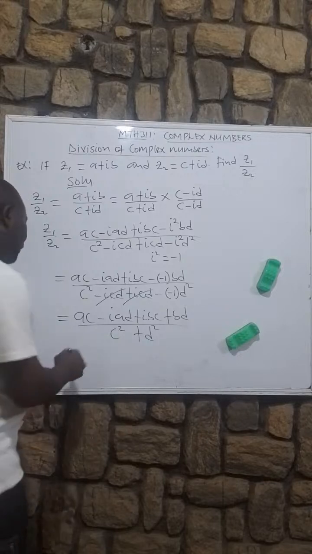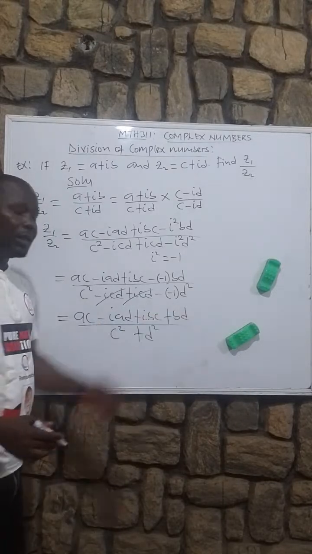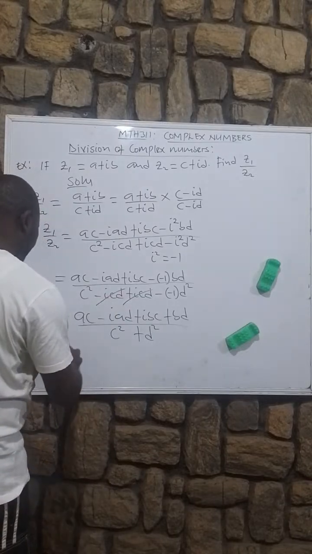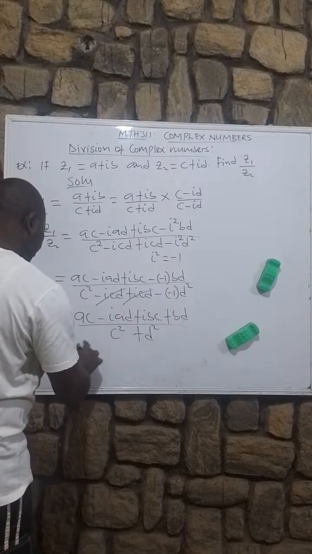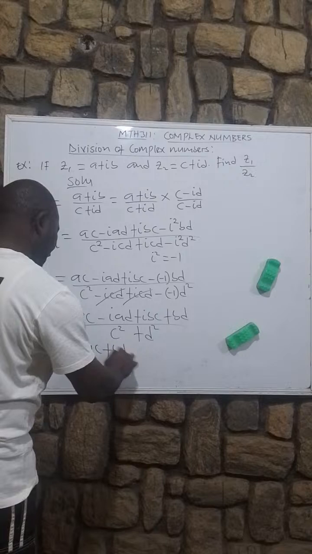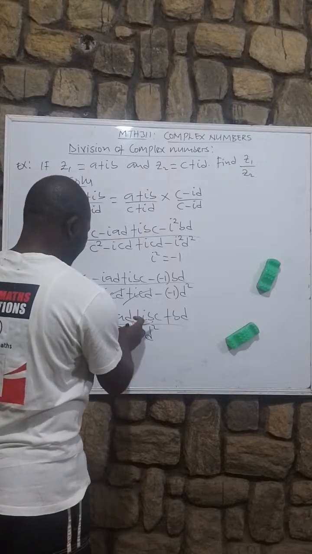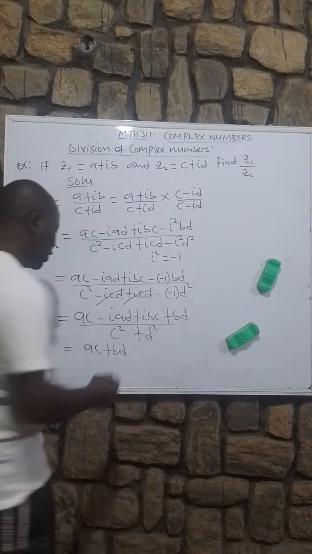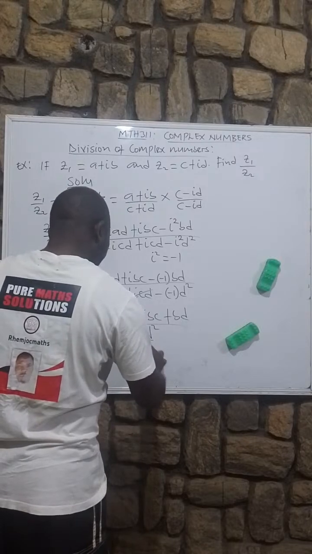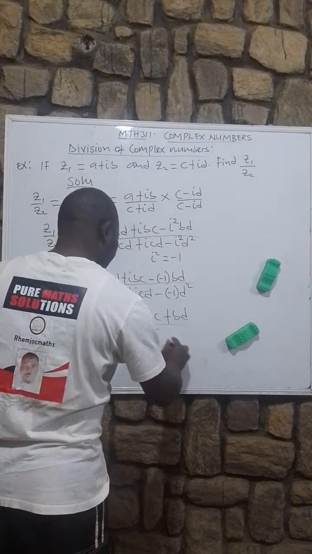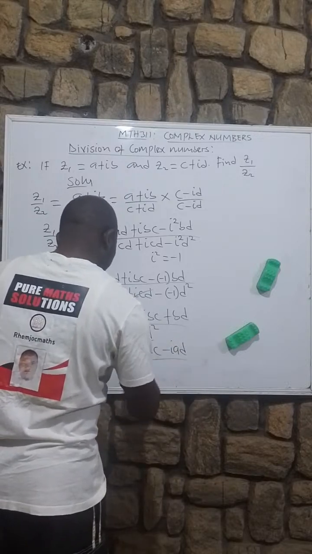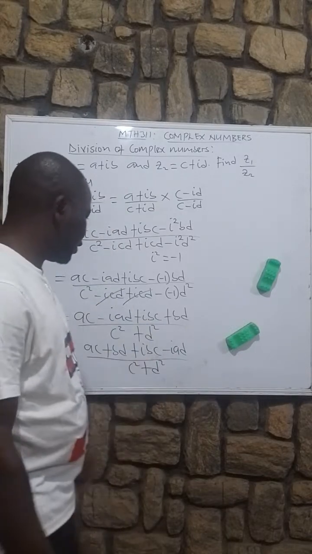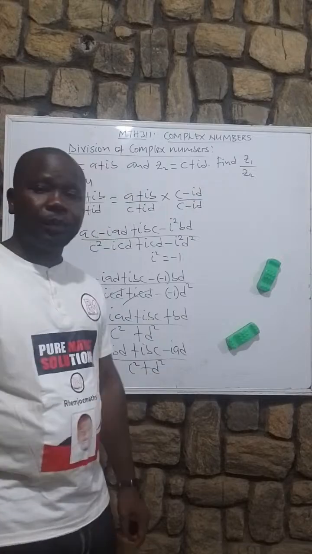So finally you take the real part to be on one side, then the imaginary on another side. So here will be ac plus bd, then let's bring this one, plus ibc minus iad, all over c square plus d square. I think you can stop here, whichever way.